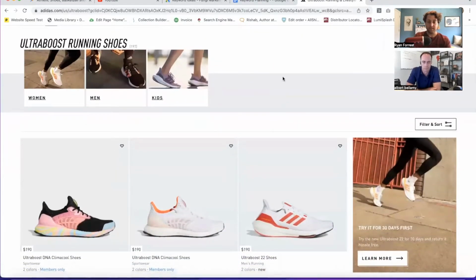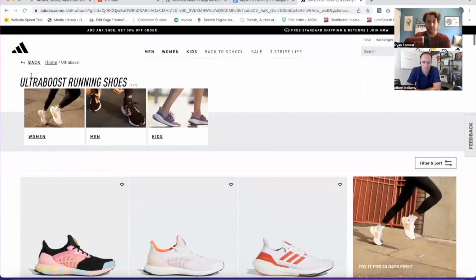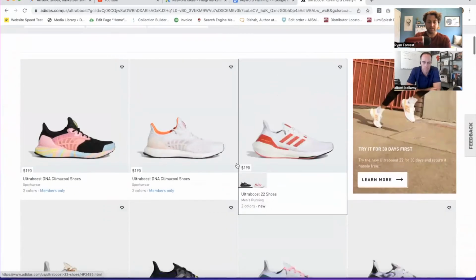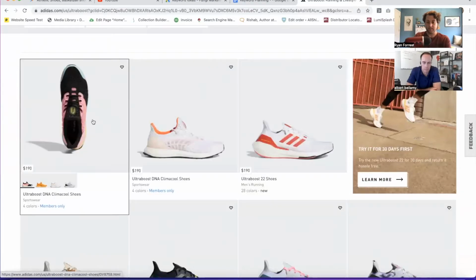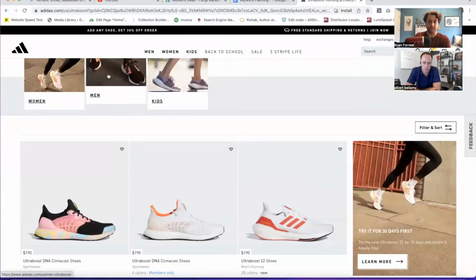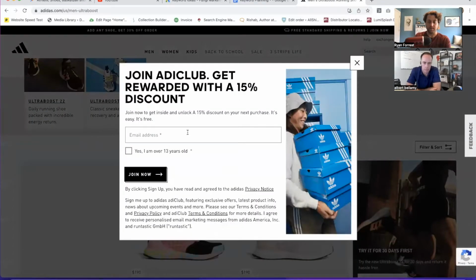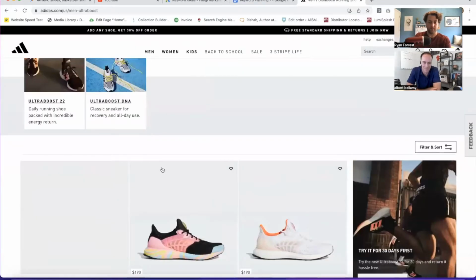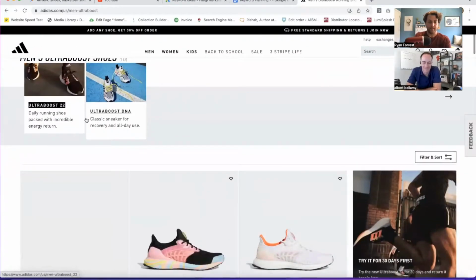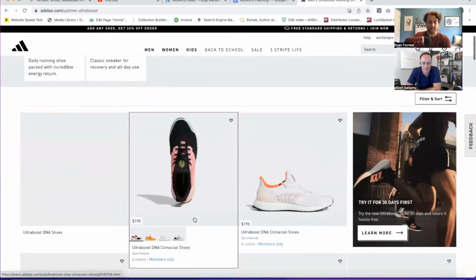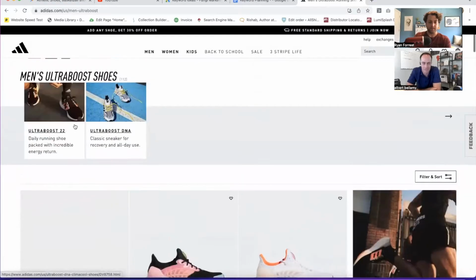But let's take a quick look at this page. So Ultra Boost running shoes, that's pretty relevant. You can see this looks like women's here, but you can refine your search to men's. Oh, they already got me with a discount. Not going to sign up. This doesn't look like men's down here. Their refinement's not working all that great.